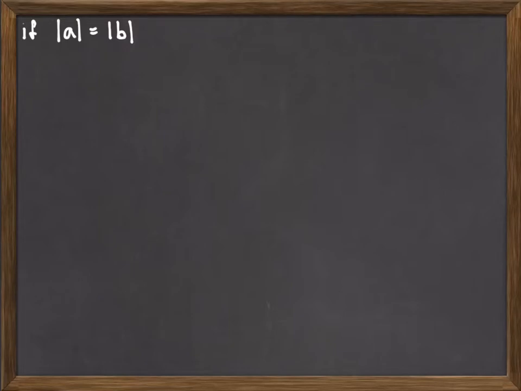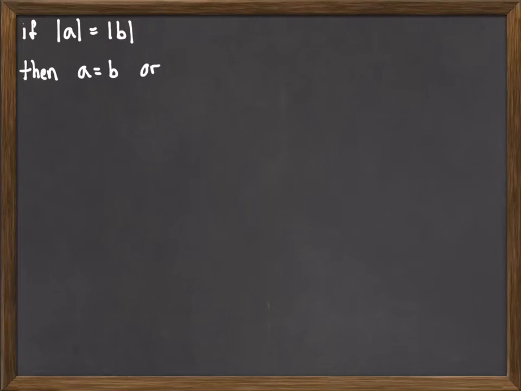So consider the question: if the absolute values of two numbers are the same, what can we say about those two numbers? Think about some situations where the absolute value of two numbers would be the same. They could be the same number: absolute value of 8 is equal to absolute value of 8.